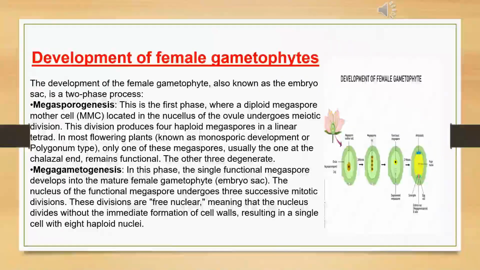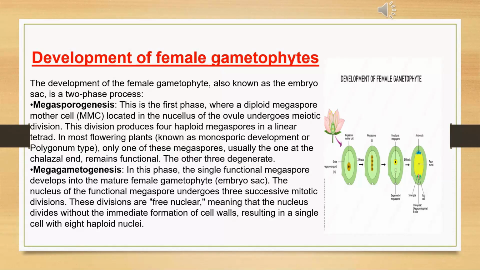Now we'll see the first one, megasporogenesis. This is the first phase where a diploid megaspore mother cell located in the nucellus of the ovule undergoes meiotic division. This division produces four haploid megaspores in a linear tetrad.